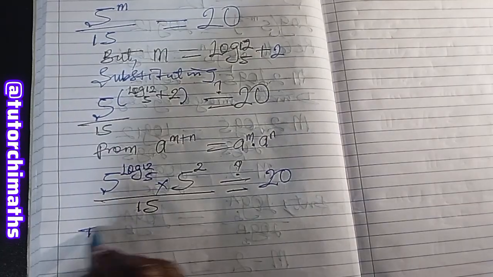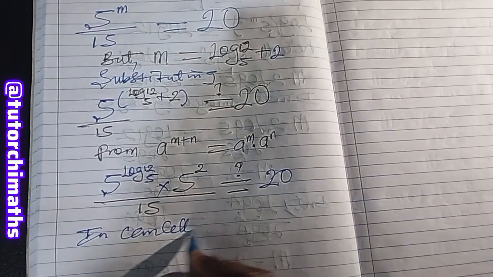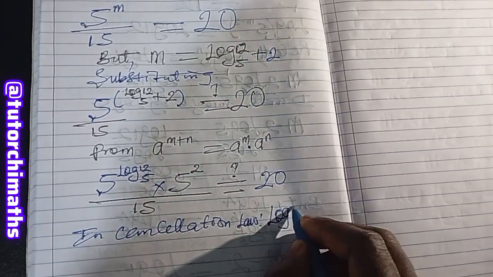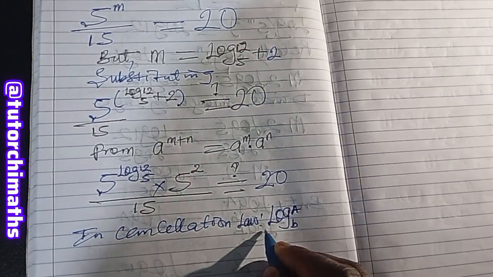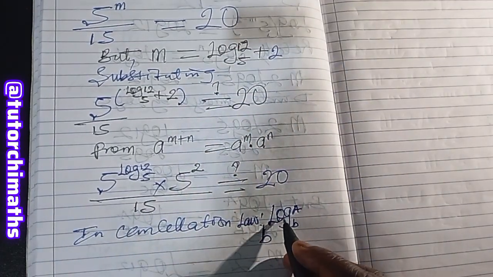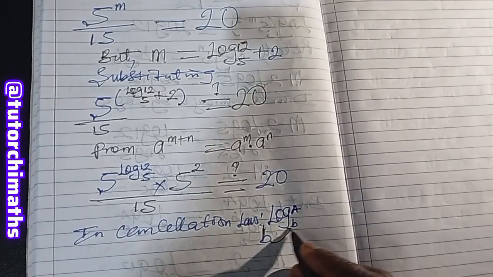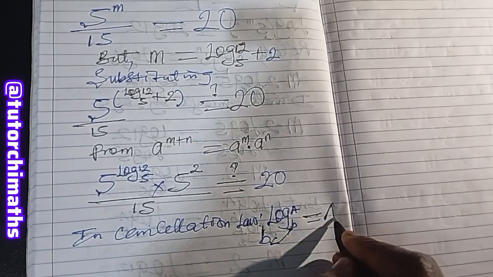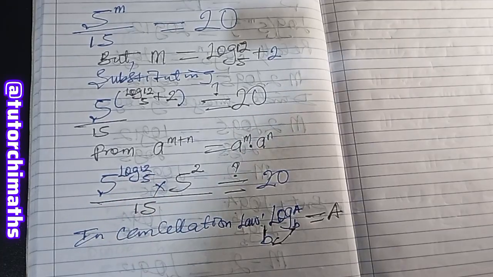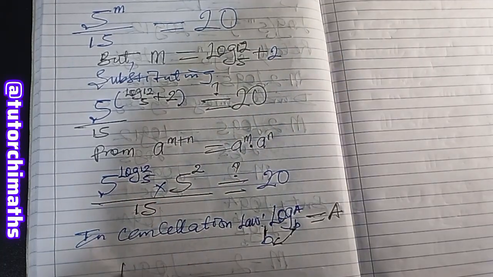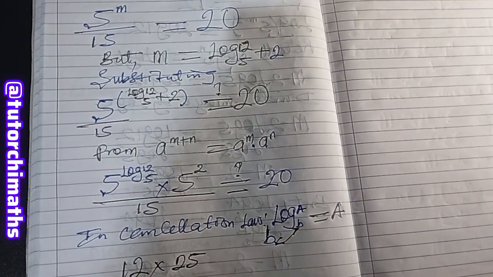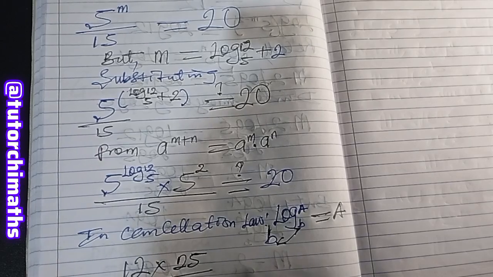Now, in cancellation law of logarithm, when you have b raised to power log a base b, since they have the same base, it will be a. So here they have the same base, 5 and 5, so it will be 12. So we now have here 12 multiplied by 5 raised to power 2, which is 25, divided by 15.